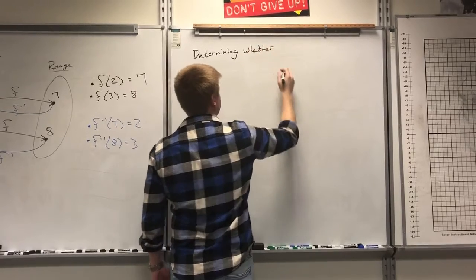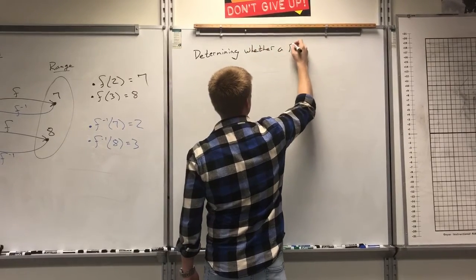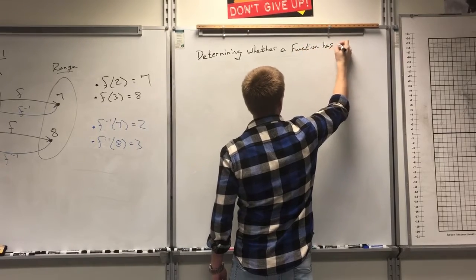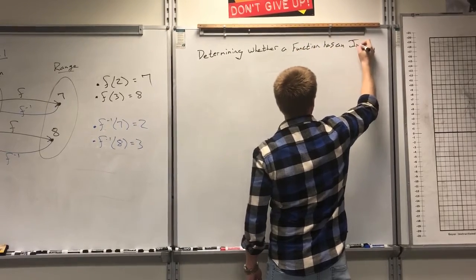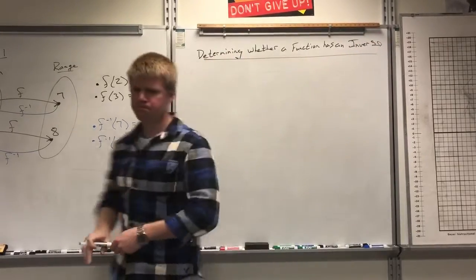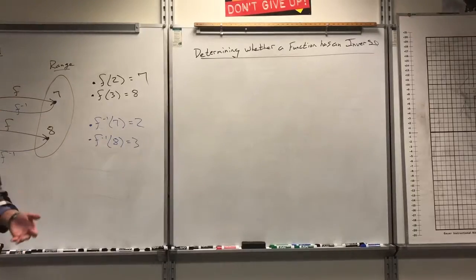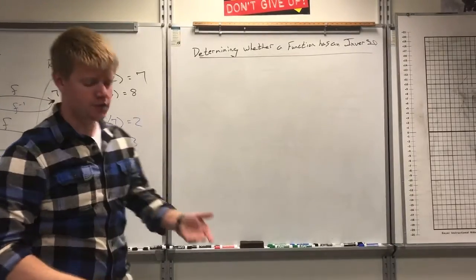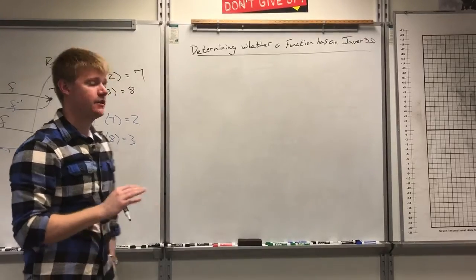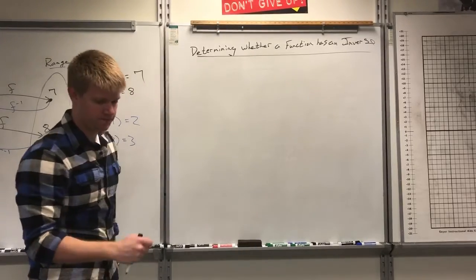First, determining whether a function has an inverse. Now this is going to be a visual test. Think back to functions. We know that the vertical line test tells us flat out if something is or is not a function.